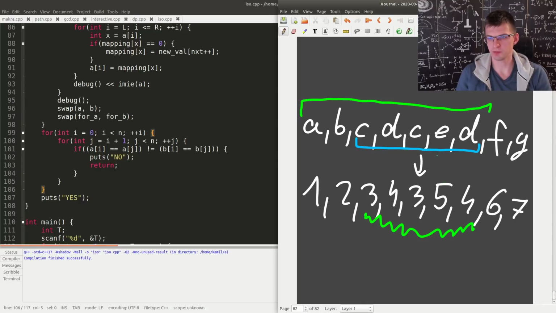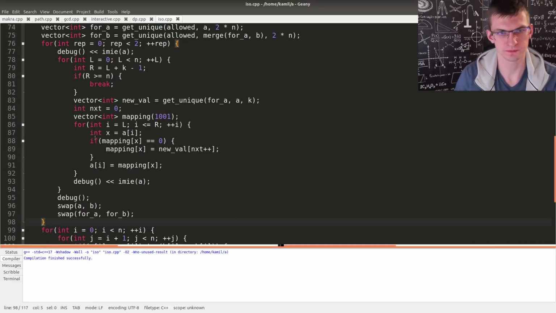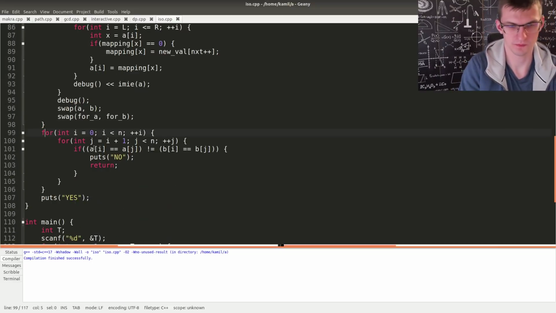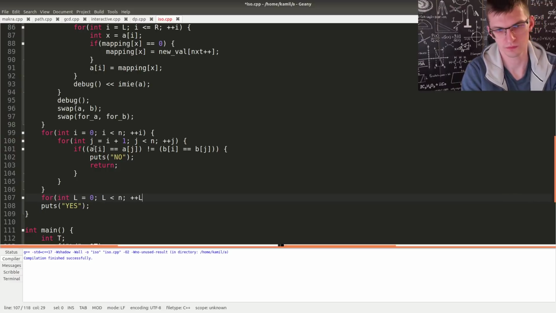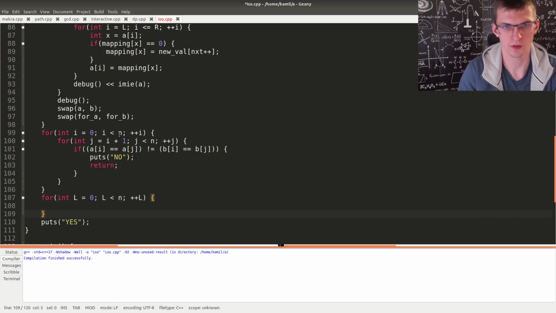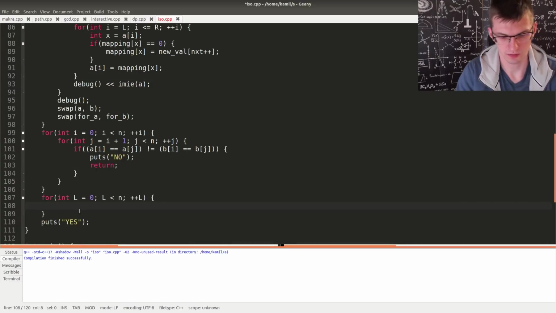So I will just keep changing them to good values. And there is no harm. Yep. Is it exactly the same code? Not really.